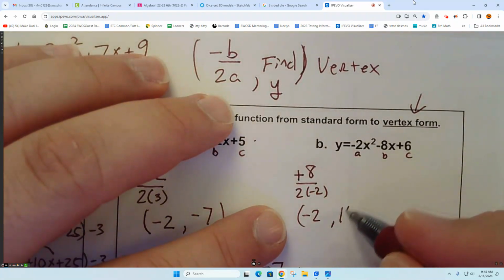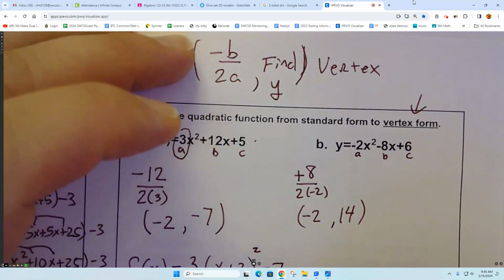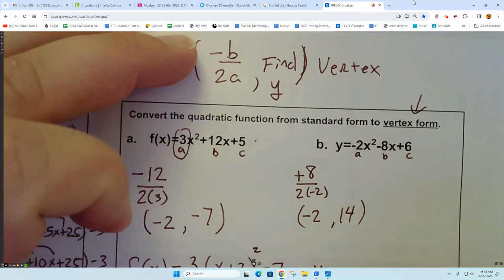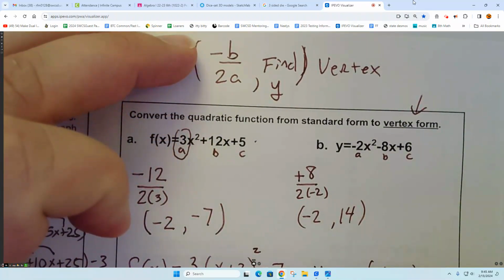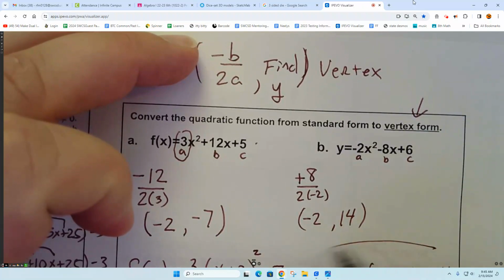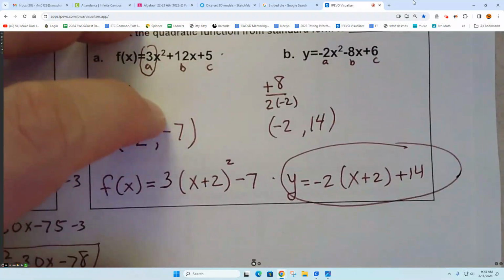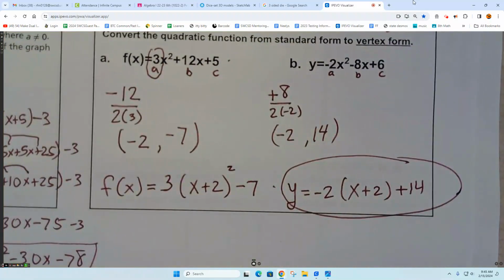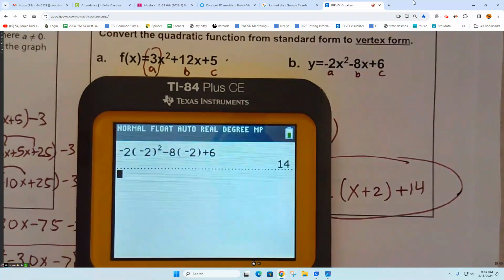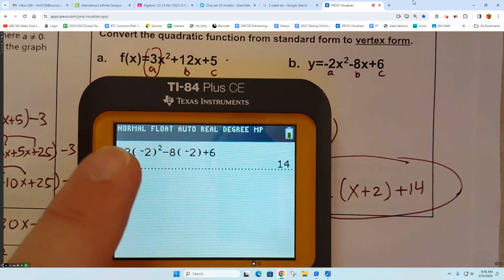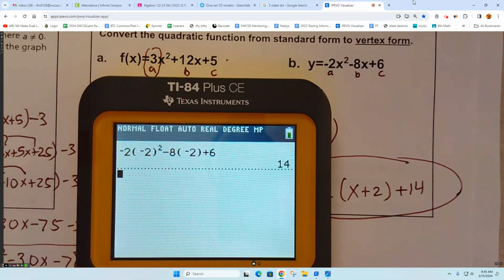I write it down. This is A. This is C. B over 2a. I plugged in and I got 6. Negative 2 parentheses, negative 2 squared. Make sure you put those in parentheses. I still got 6.